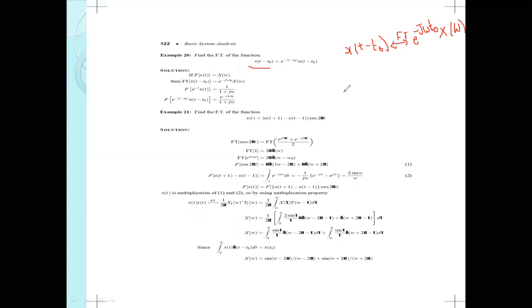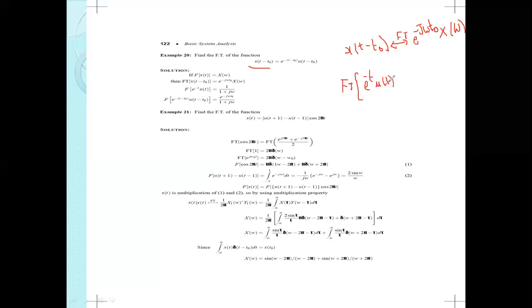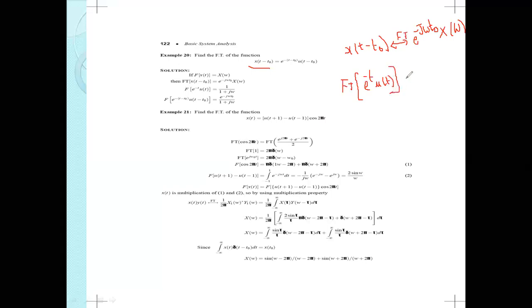The given function is x of t minus t naught, and we know the Fourier transformation of e power minus t mu of t. In general, for e power minus a t mu of t, it is 1 by a plus j omega.